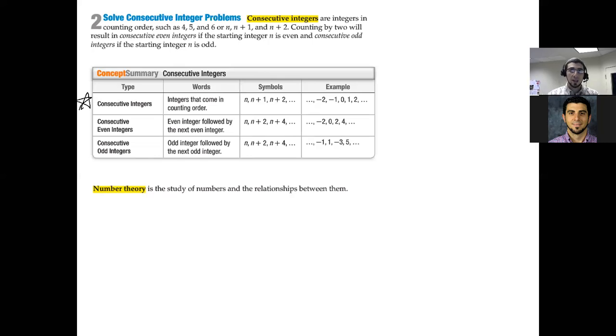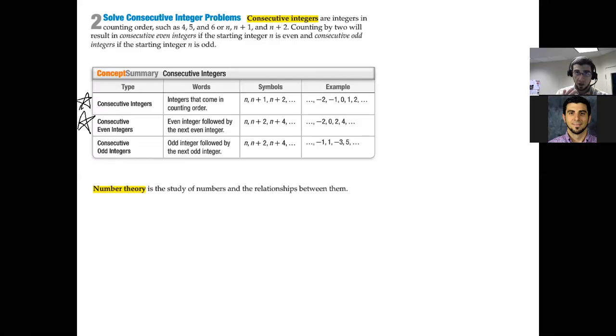Now, if we're talking about even integers, when you go from one even number to the next consecutive even integer, you have to go up by 2 because you're skipping the odd number in between the two even numbers, okay? I don't want to make this sound more complicated because it's really not. If you go consecutive even integers, you just have to add 2.